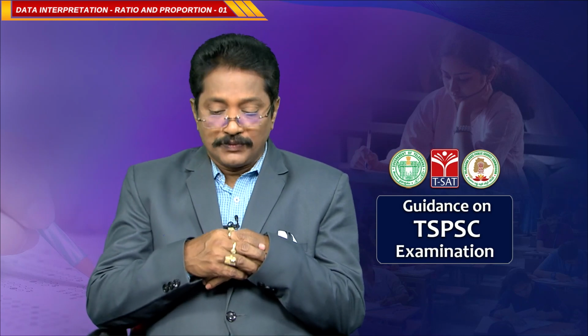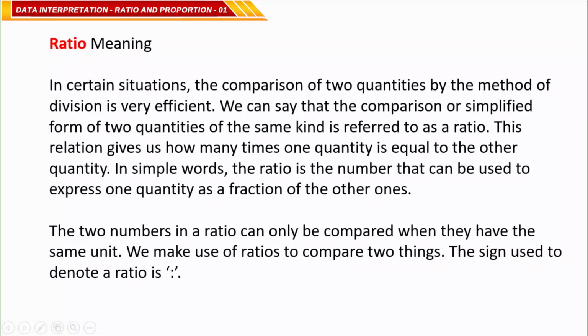This is very important: for certain situations, for certain conditions, we have to compare the quantities by division simply. We can call it simply a ratio, and we say A is to B. It means A by B, or you can write it in different formats, but the most frequently used is "to".